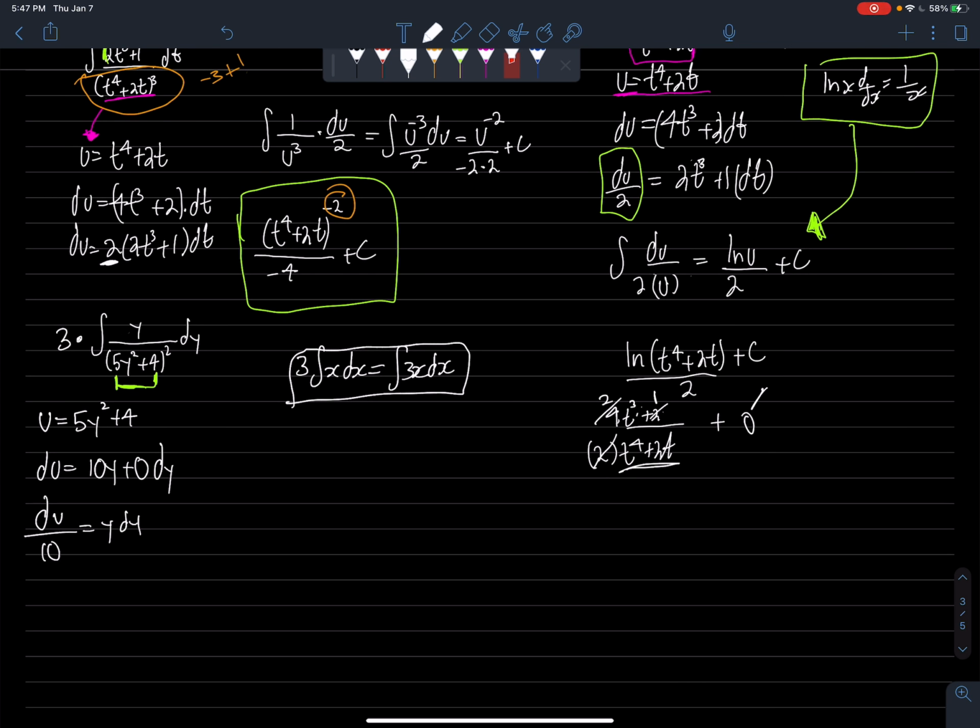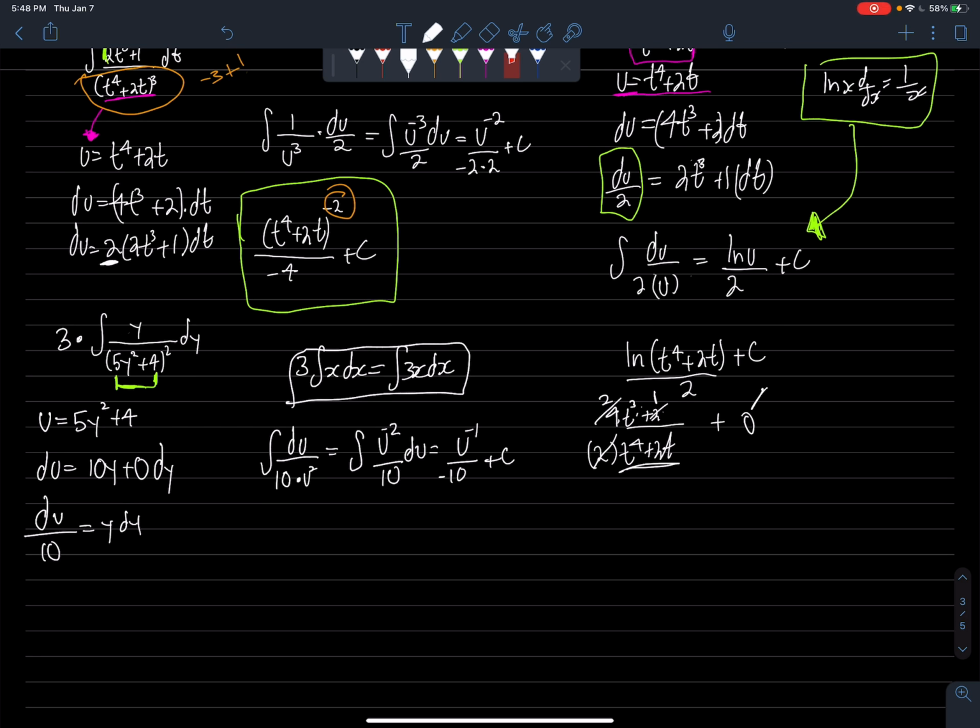So now we're going to substitute into the integral. It's going to be du over 10 times 1 over u squared, right? Now what is this? This is just equal to the integral of u to the negative 2 over 10 du, which is just equal to u to the negative 1 over negative 10, plus c.